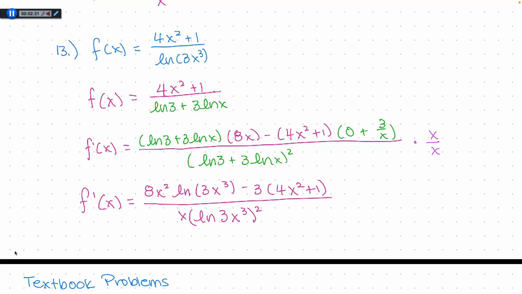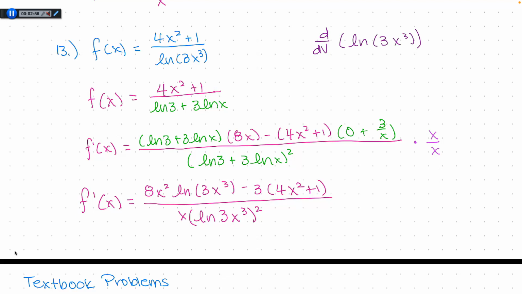Say it again. Well, all that happens is this green right here would just stay like the blue. And then when you take the derivative of the green, actually no, that just stays the same. Right here, when you take the derivative of the green, it would be taking the derivative of this.